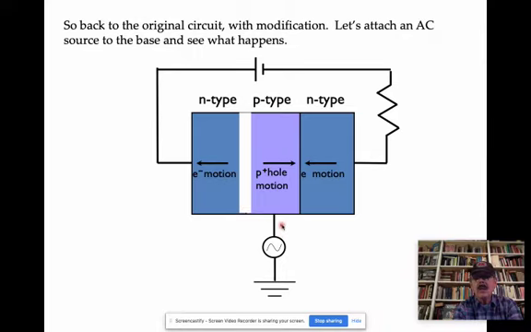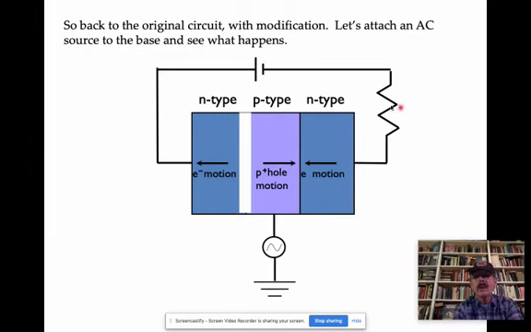And depending on where you are in the cycle, because remember, this voltage is going to get bigger and bigger and then smaller and smaller as it goes back down to zero, that will determine how much the depletion zone diminishes and then reestablishes itself, which will be mimicked by the current flow in the circuit.